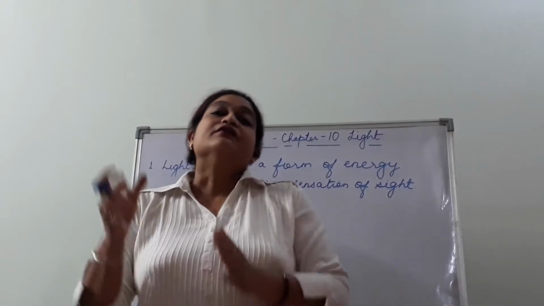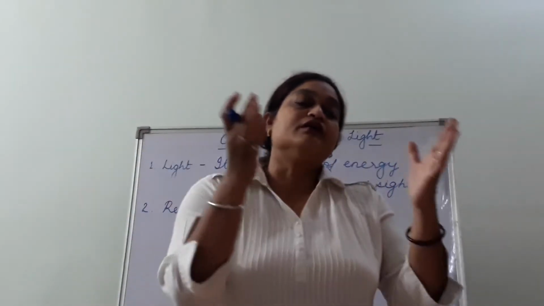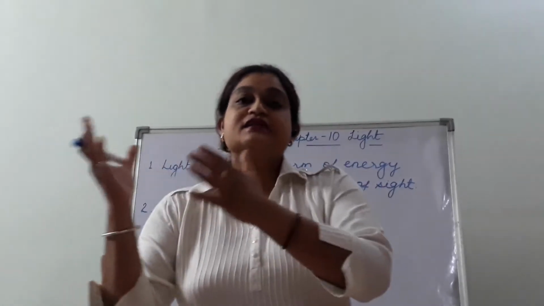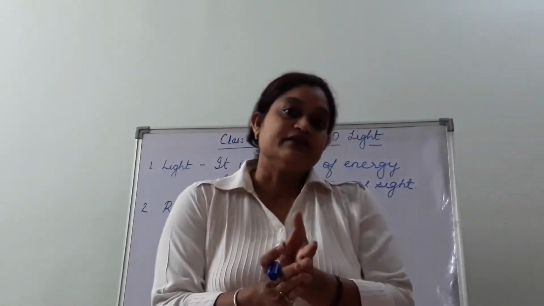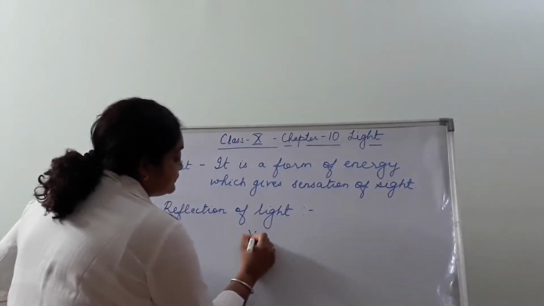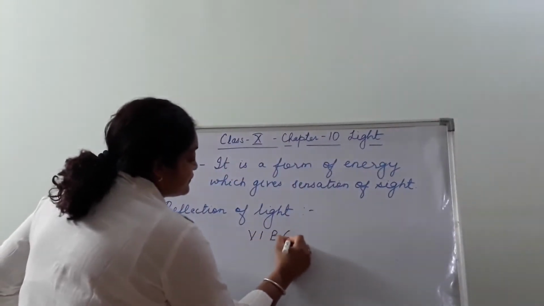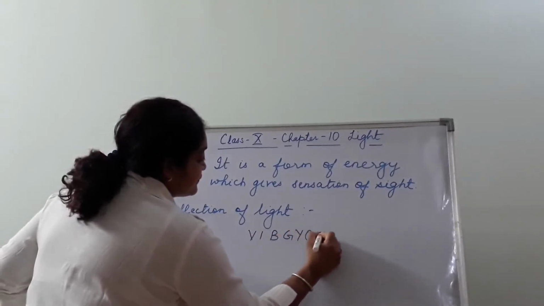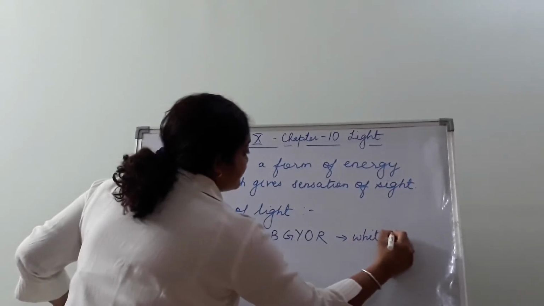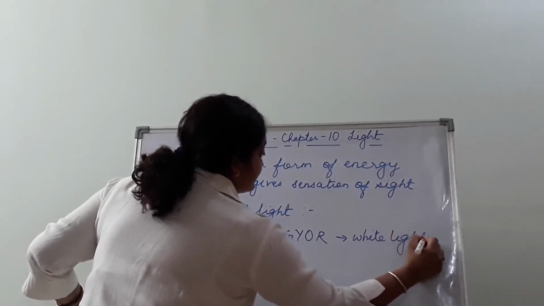Suppose a white light is falling on a green object. White light consists of 7 colors, that is VIBGYOR.